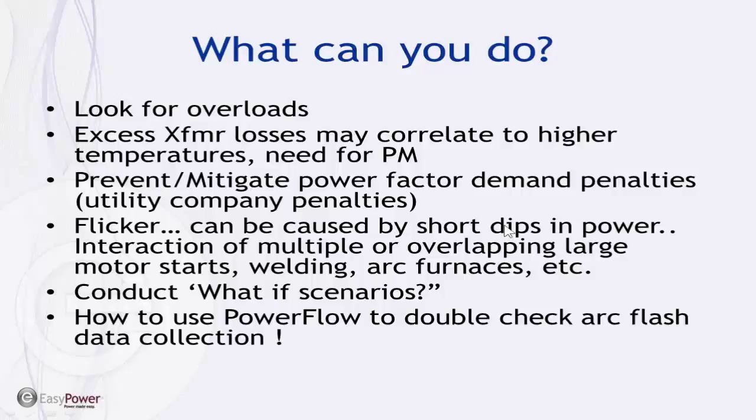It's this quick dip in the power or the voltage sag that will cause flicker. And if you have a resonance, it can be manifested in lights flickering. So there are ways to deal with that, and load flow is one of the first things to look at.